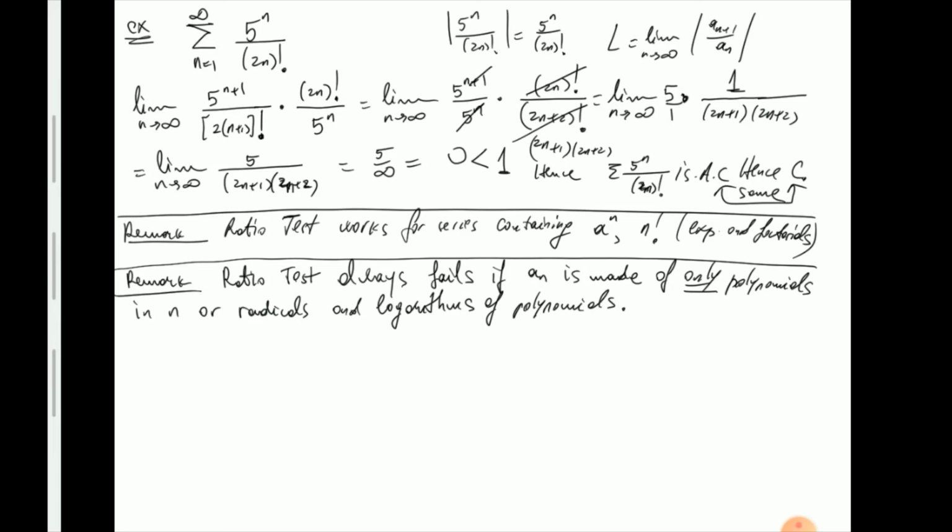So first of all, let's do a full example. So suppose you have, for instance, the summation from 1 to infinity of (2n+1) over (3n squared + n). And let's say you try the ratio test.